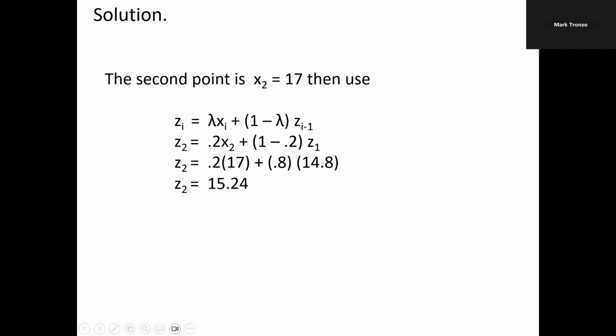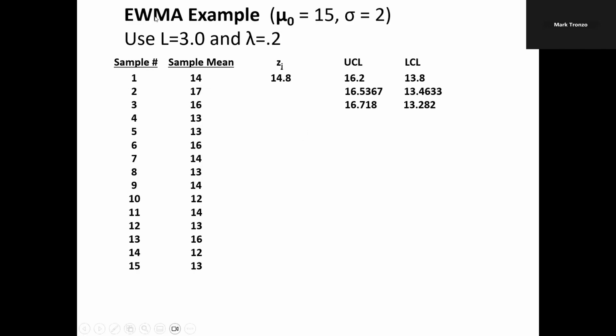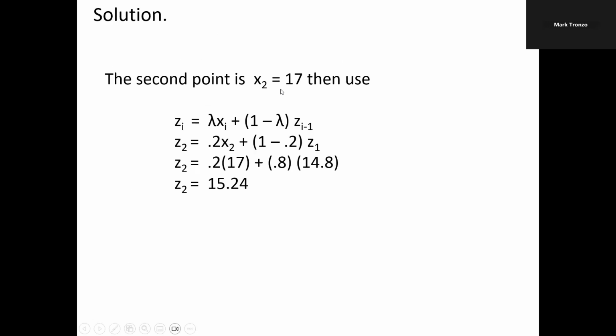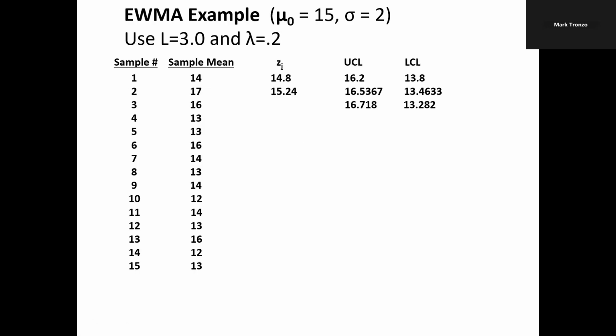And again, we get our x2 from our chart, which was 17. That was the data we collected. And the z1, we get from our previous value. Notice that's up here, z1 was 14.8. Put that in for z2, we get 15.24. Plot that on your chart.